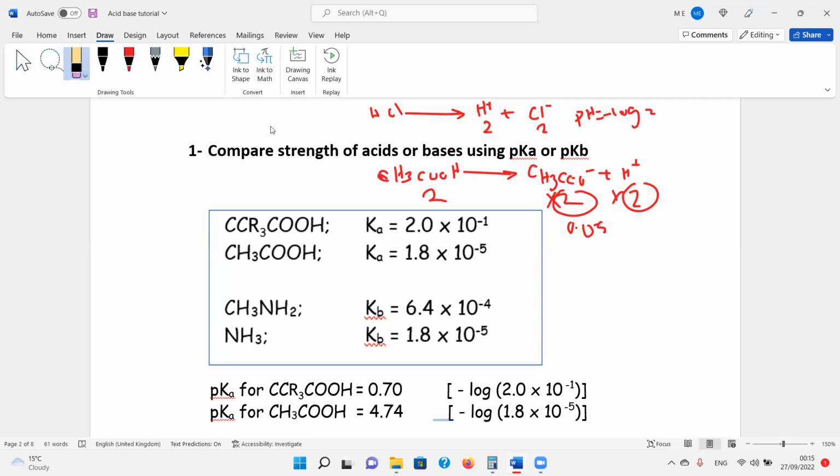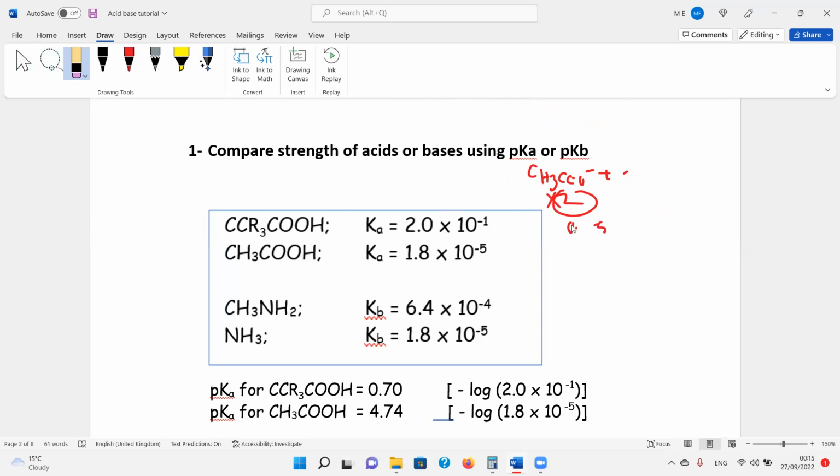Okay, so now you are just given the values, and you are asked to find out which acid is stronger. In both cases, you should understand that these acids are weak acids, because if it is a strong acid, the value of Ka is always 1 or more than 1, or way beyond 1.